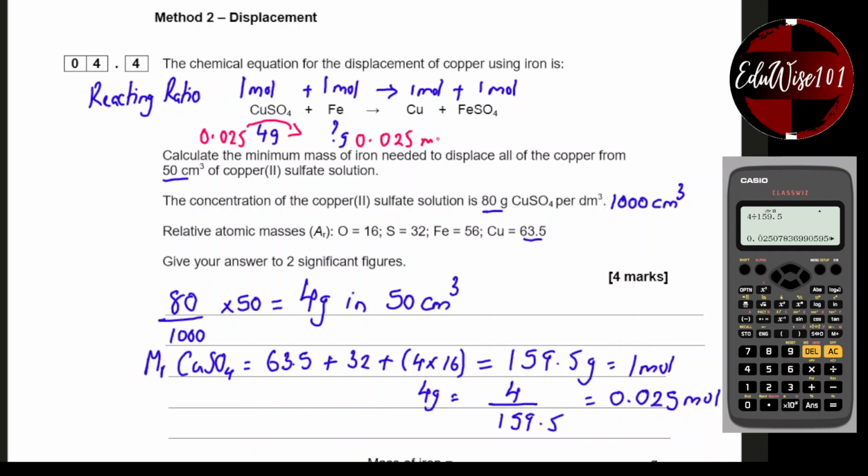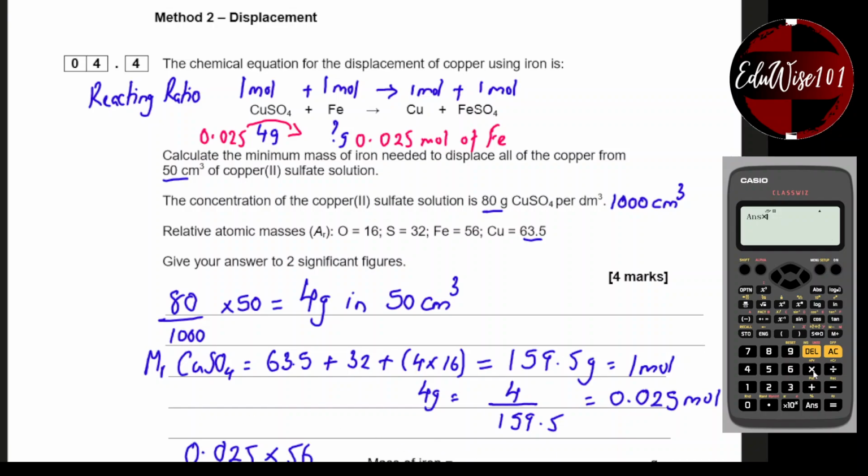0.025 moles of iron. And how do I convert 0.025 moles of iron? You multiply it by the relative atomic mass. So 0.025 multiplied by 56.